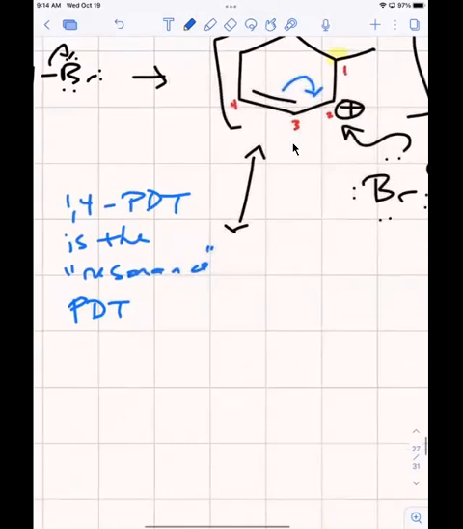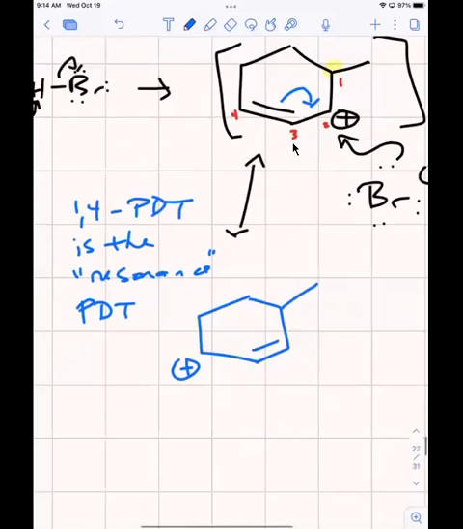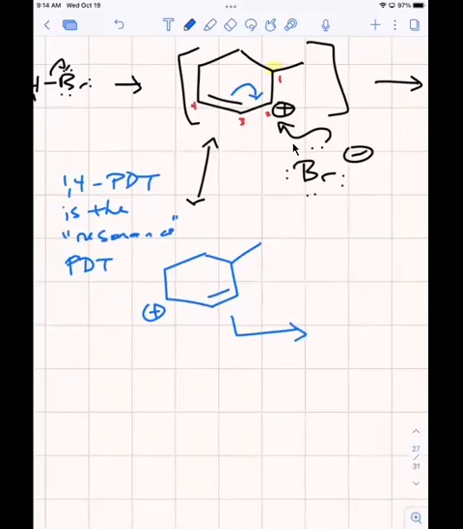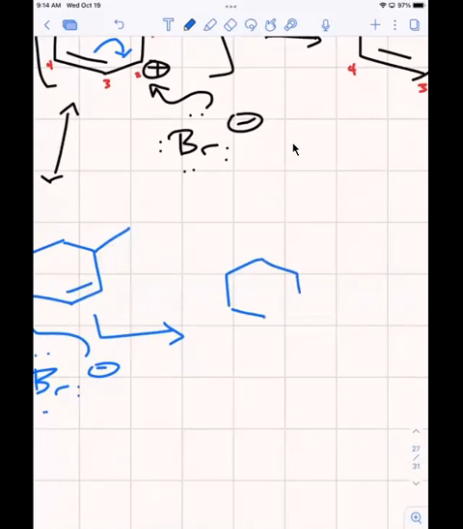Because if I do resonance on that cation, then this is what I get: the double bond is now here and the plus charge is here. And then it's from here that bromine can attack, right at that carbon. So then my product from the 1,4 addition would look like this.